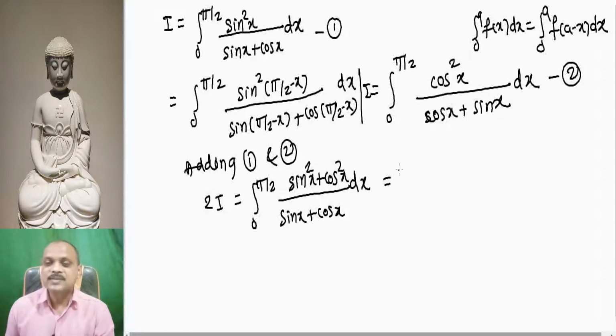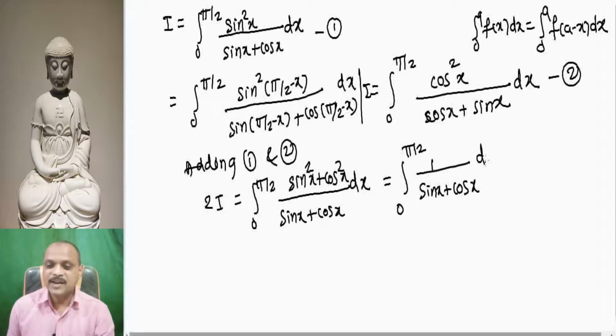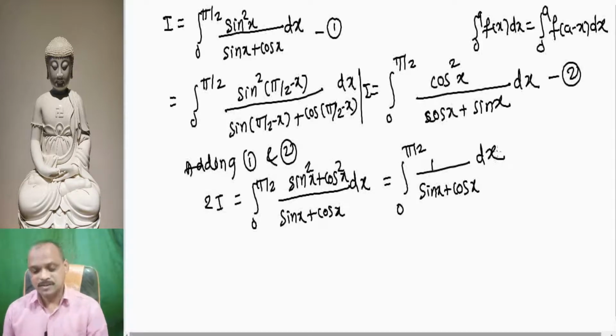Now sine square x plus cos square x is 1, so integration 0 to pi by 2 1 divided by sine x plus cos x into dx.